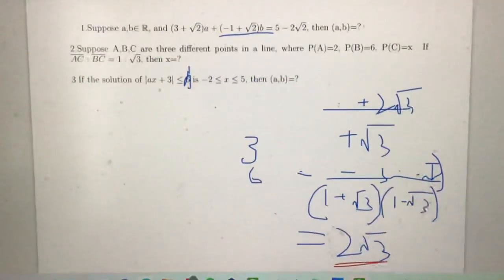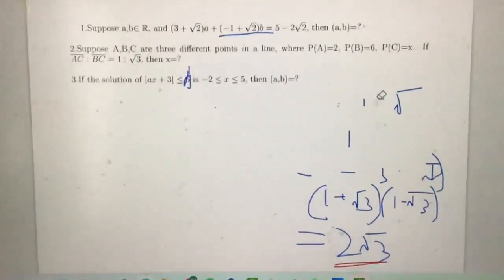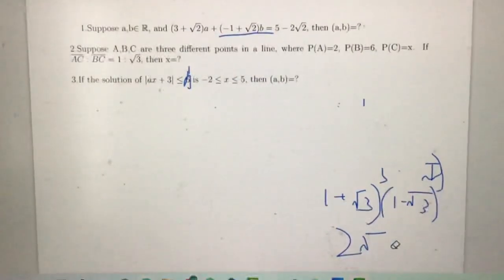So what are a and b? Let me just erase this, and we can solve it.